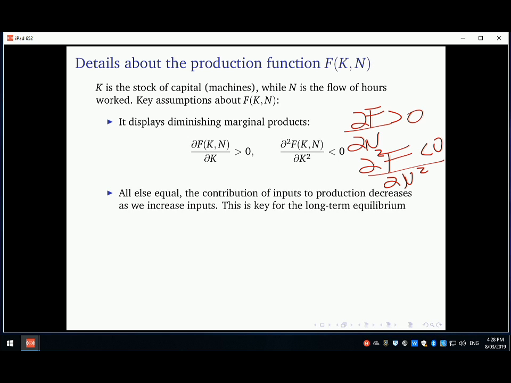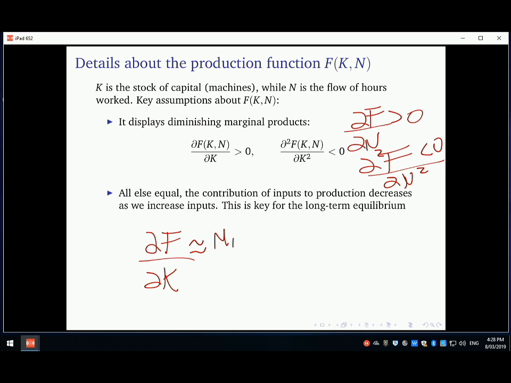And here, another important thing. What do you think is the sign of the cross derivative, which is this here? That is like the marginal product of capital.